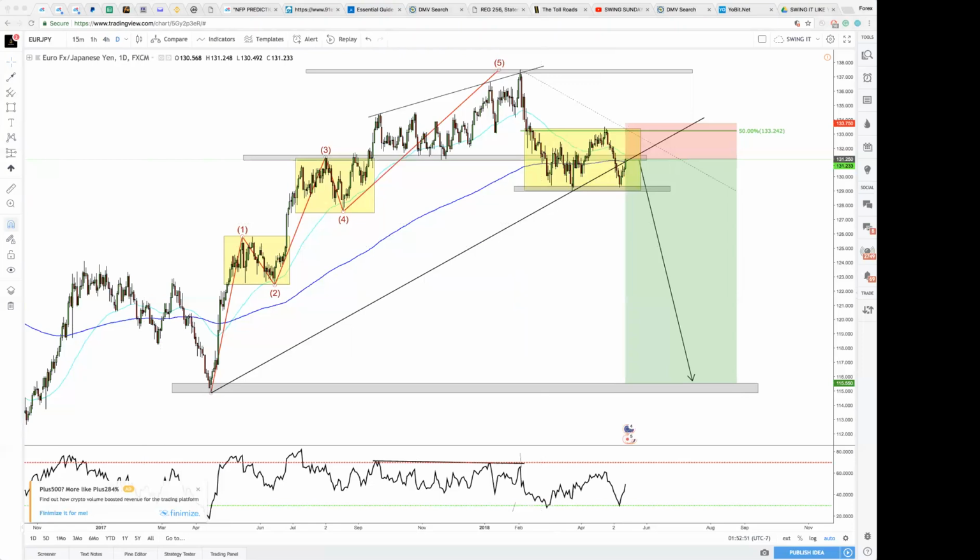All right. We're selling Euro JPY with the stop loss of 133,750. Take profit 115.500. Okay. 133,750. 133,750. All right, guys, give me a second.